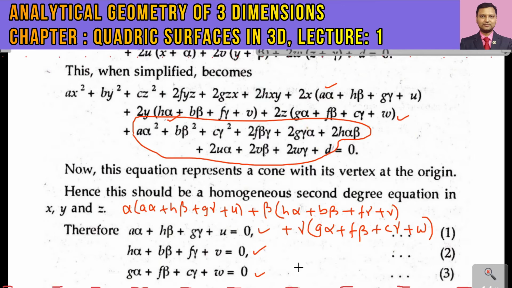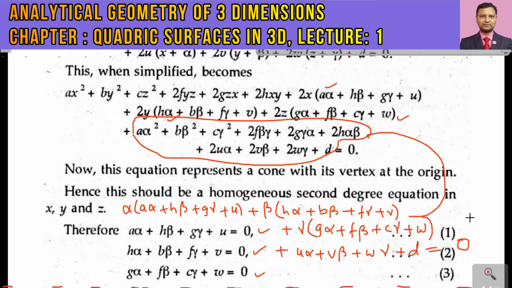And apart from this, we shall have one more term, u alpha plus v beta plus w gamma, plus this d. Altogether, this quantity should be equal to 0. So this is actually the second expression of this constant term.